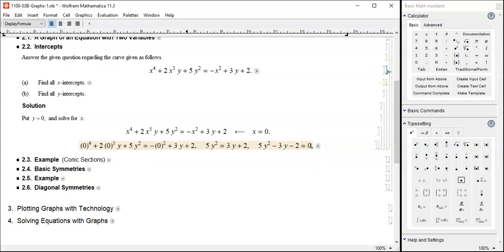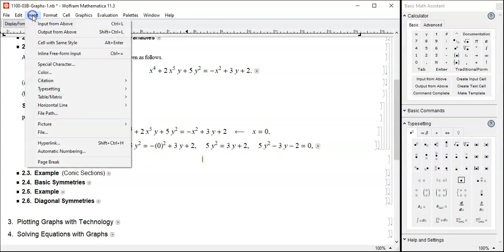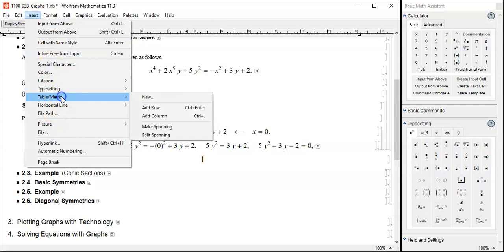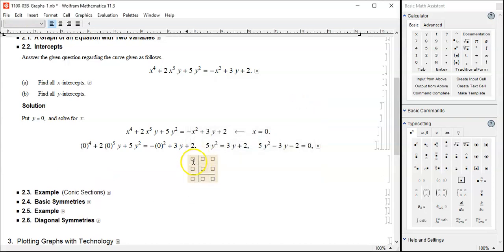Now, can you factor it? Okay, so first number and then the last number, and multiply those two. 5 times negative 2 is negative 10.